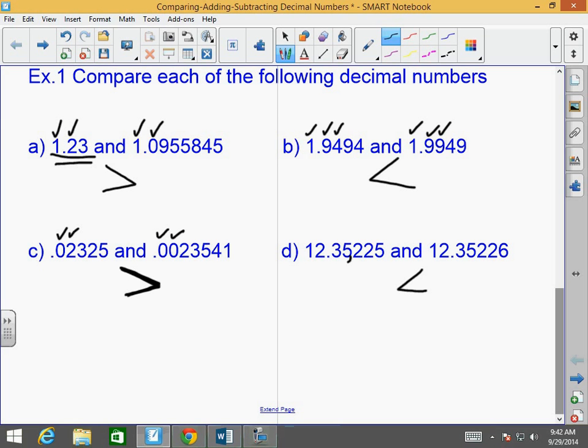So this is 12 and 35,225 hundred thousandths is less than 12 and 35,226 hundred thousandths. Does that make sense, guys?